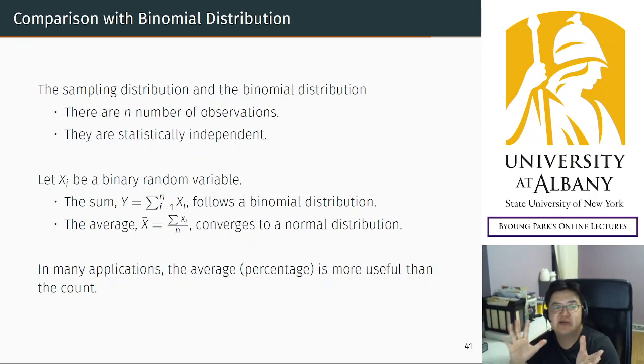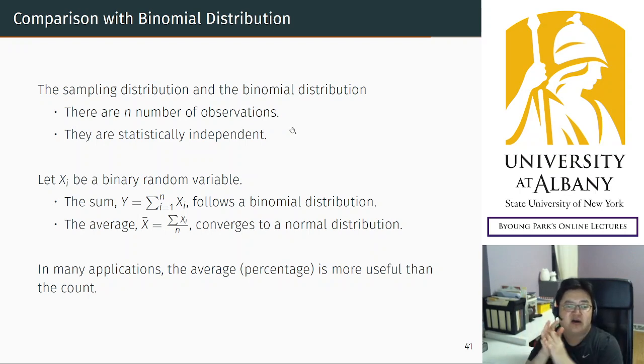That was the starting point of the binomial distribution. And we count the total number of successes out of n trials. That's how we define binomial. And we may approximate the distribution to a sampling distribution using the central limit theorem.